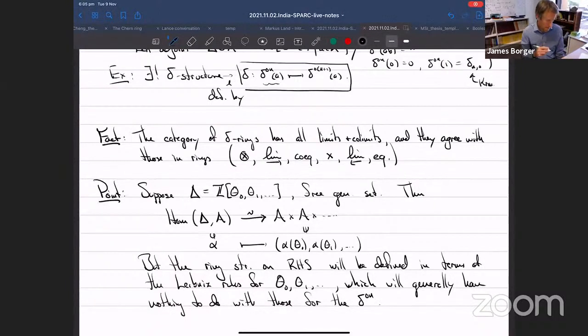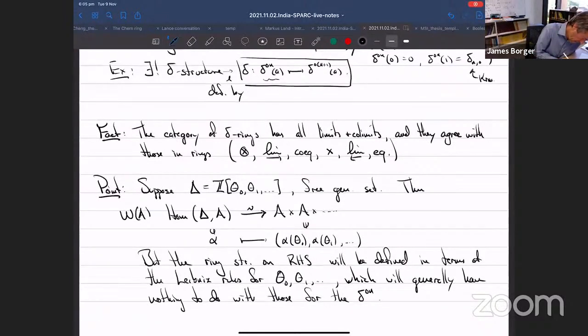So if you have a different generating set, it gives you a completely different description of, remember this is W of A, the Witt vectors, a completely different description, this one over here, of the Witt vectors of A. It's also a vectorial description, but the ring structure will be completely different and will depend on the choice of the generating family of operators you use.